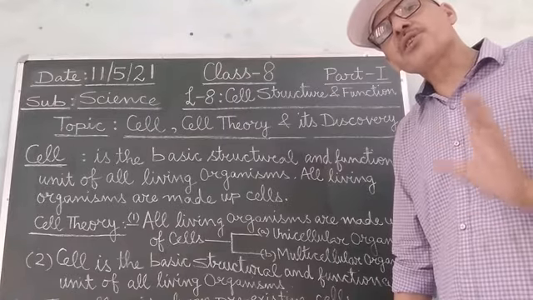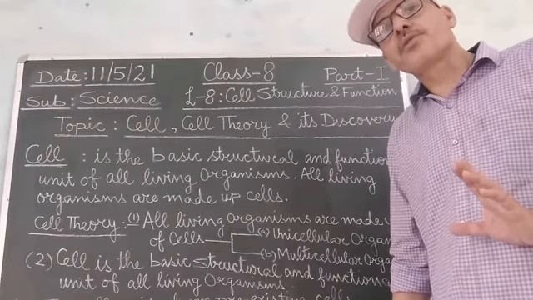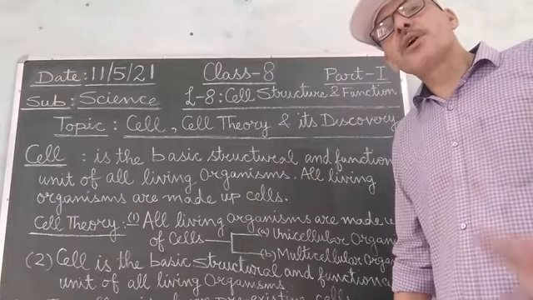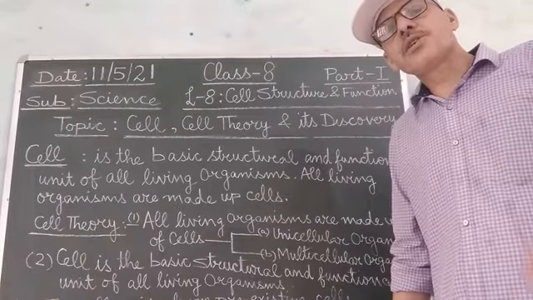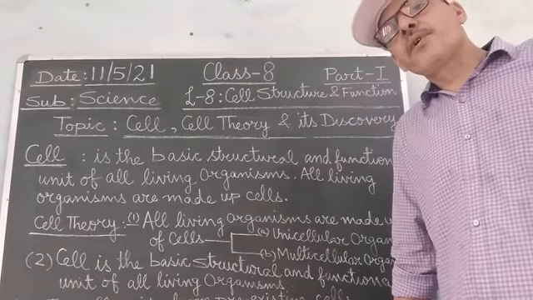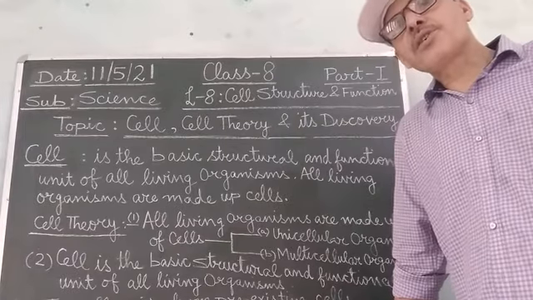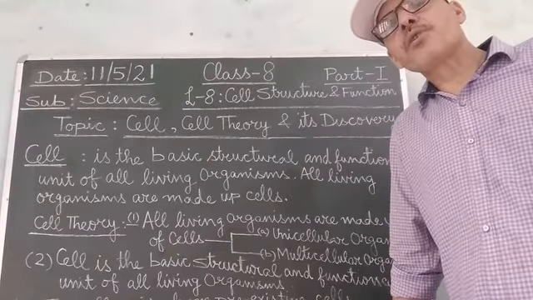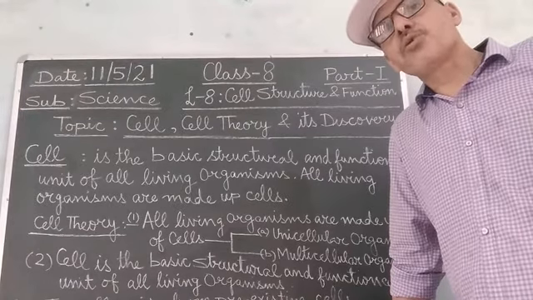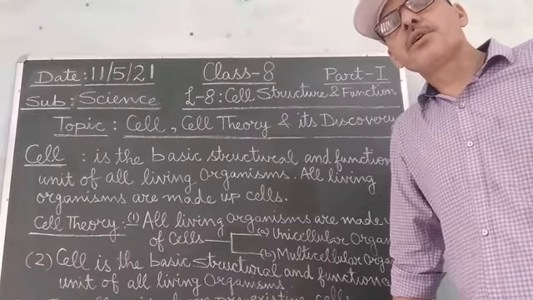So the smallest cells are found in bacteria, and the largest cell is found in the ostrich egg. But if it is asked to name the longest cell found in the body of human beings, then you will say that it is the nerve cells. So nerve cells are the longest cells present in the human body.